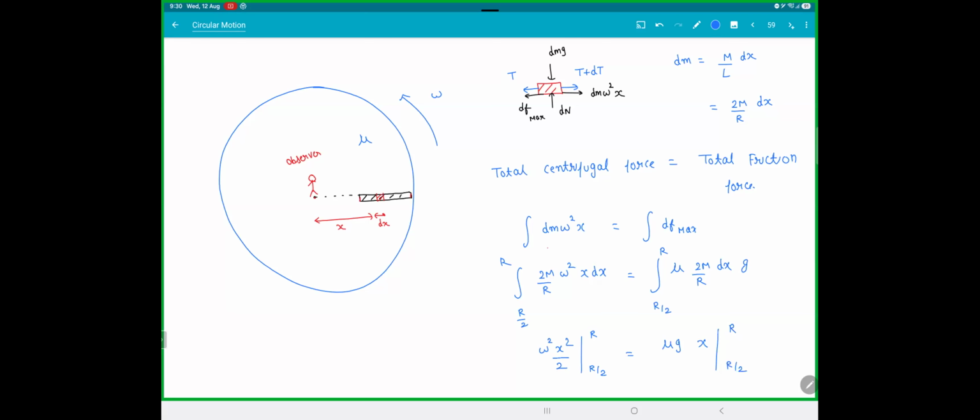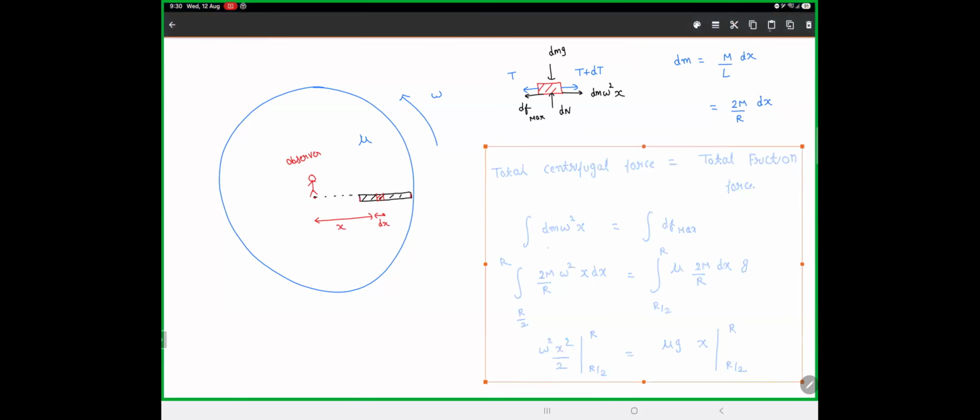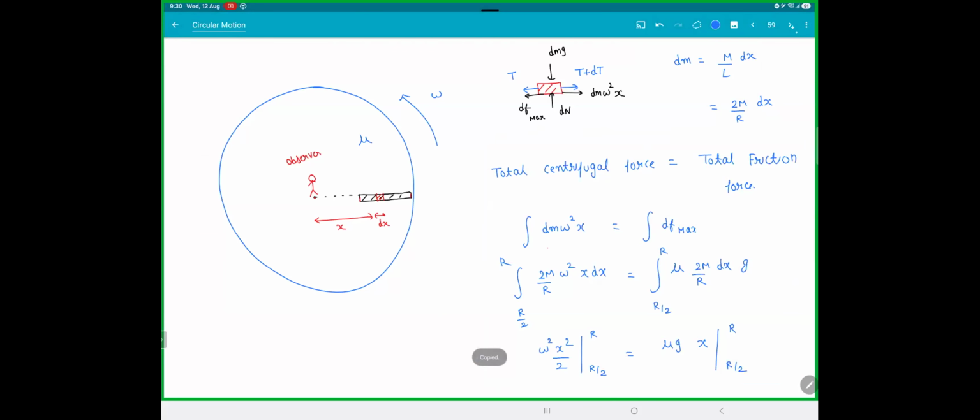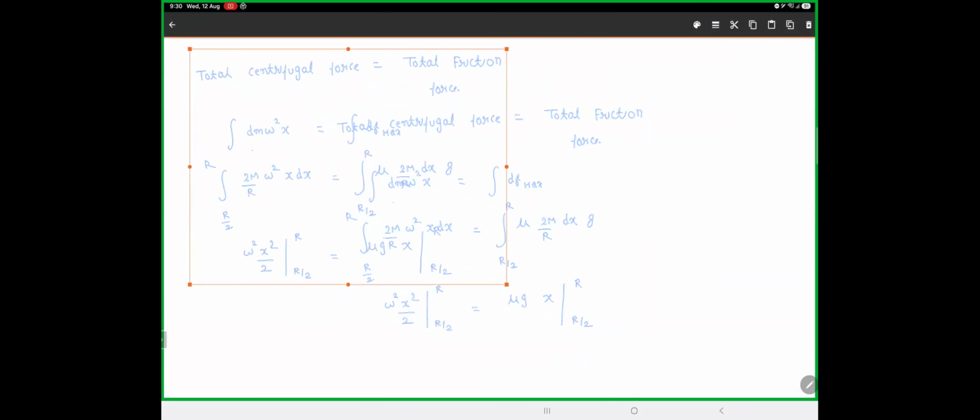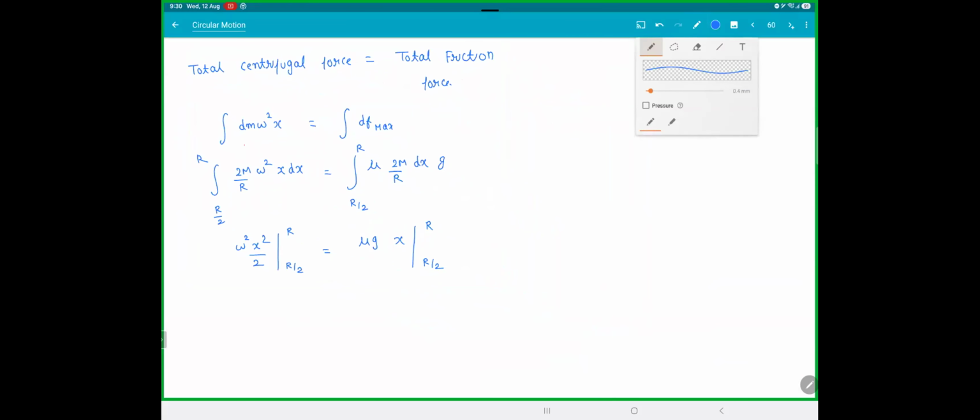Simplify this, and then you end up with omega square by 2 times r square minus r square by 4, equals mu g times r minus r by 2.